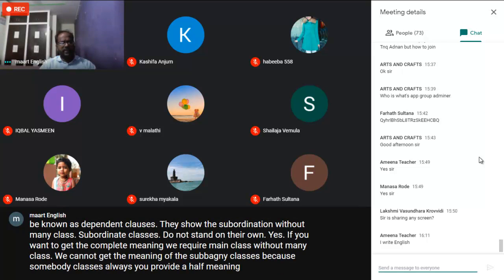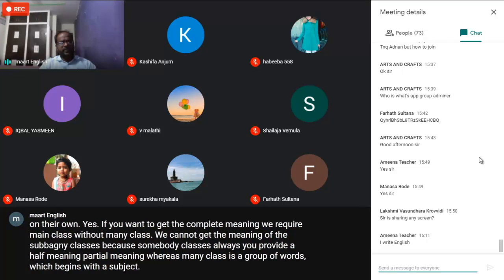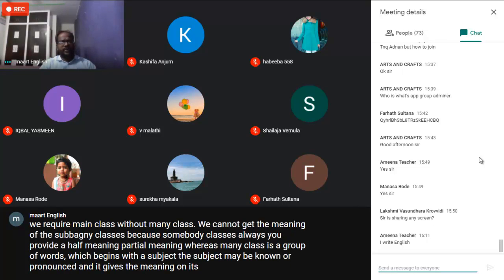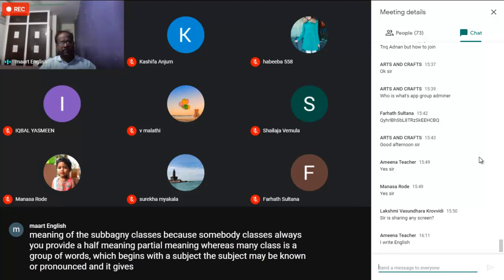partial meaning. Whereas main clause is a group of words which begins with a subject. The subject may be a noun or a pronoun, and it gives the meaning independently. Without subordinate clause also, main clause can stand and give its own meaning.